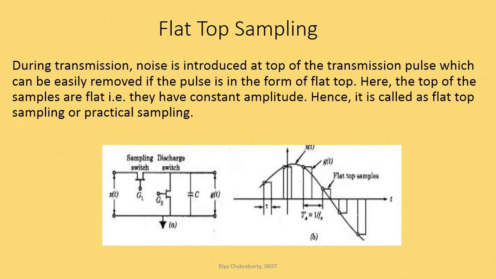Also, the flat top pulse g(t) is mathematically equivalent to the convolution of the instantaneous sample and a pulse h(t). So here g(t) will be expressed as s(t) convolved with h(t).